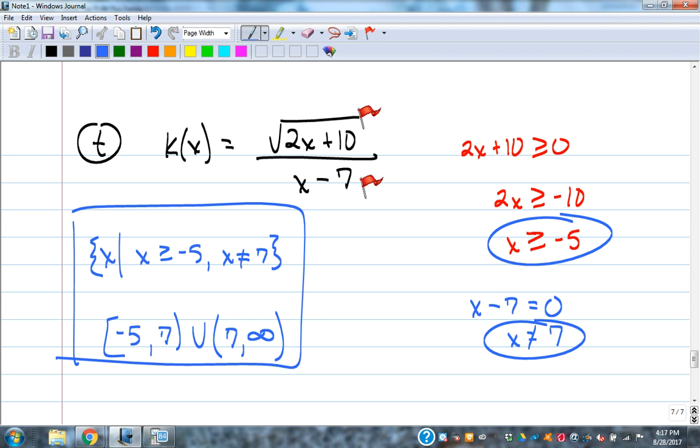Why do we lose that on the inequality if the square root's in the denominator? Right, because the denominator can't equal 0. So that's where there's a little exception to that: if you've got a square root of a variable in the denominator, you lose your equal to part. It's just strictly greater than 0.